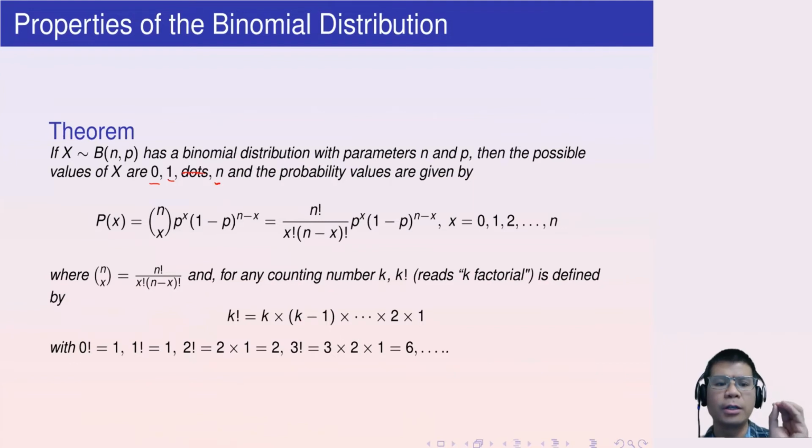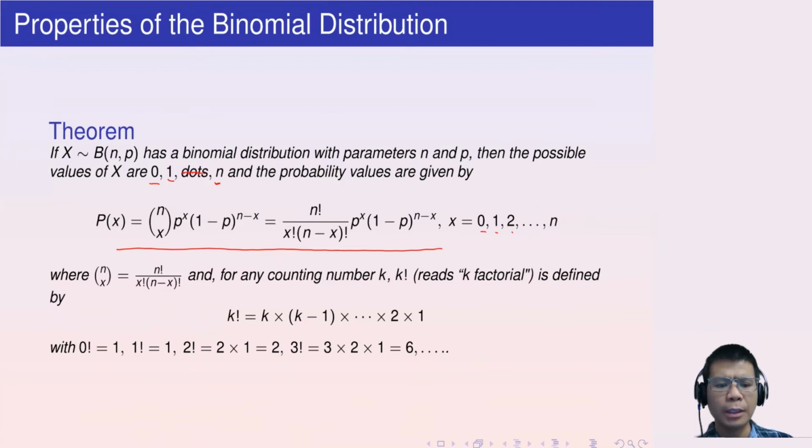In that case, X can be 0. It can also be 1, only 1 success, and 2, and then n. So all of them result in success. So the probability values are given below. This is the formula we have for the probability values. P of X equals this one. Here, X can be 0, 1, 2, till n.